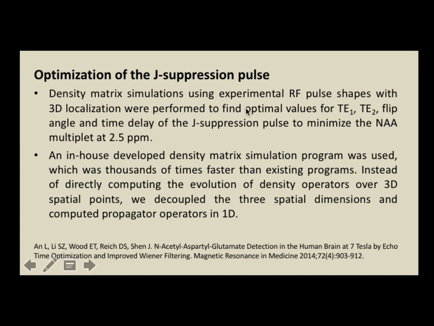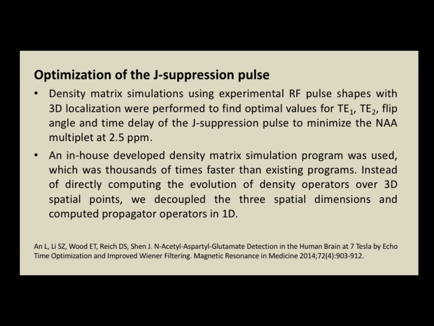In order to find the optimal setting, like the flip angle, TE, TE1, TE2, we use density matrix simulations to simulate the NAA aspartate spectrum to see at what parameter setting those signals are minimized. We developed a density matrix program ourselves, which turns out to be thousands of times faster than existing programs.